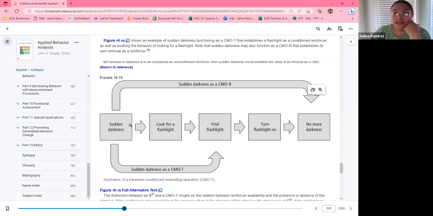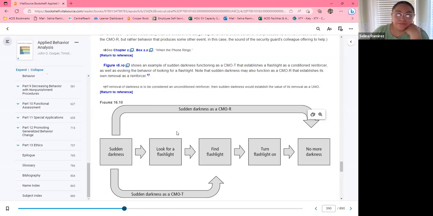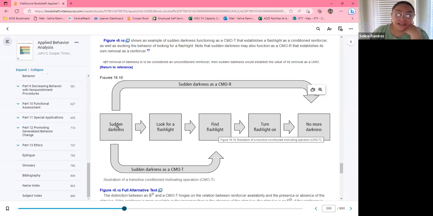So this one thing was serving as the MO for different stimuli or responses. For the stimuli situation, it was the flashlight, which was serving as a tool. And for the response, it was me wanting to get out of the darkness. And so we could think about the aspirin example.